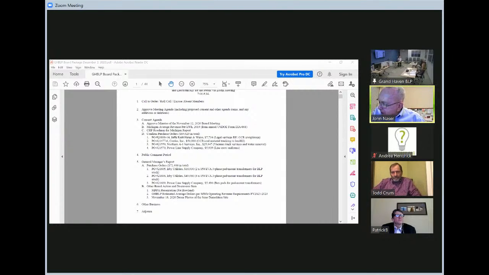Pat, another question. What is the current average cost per megawatt for market purchasing of capacity right now? That question has a lot of layers to it.